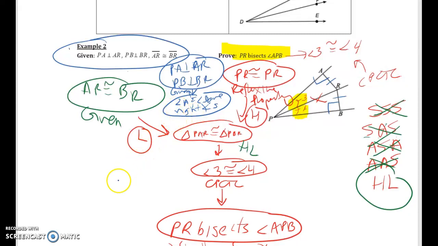Definition of perpendicular lines, or perpendicular lines form right angles. I'm going to have to go up and then go back to this. And then we know that triangle PAR and triangle PBR are right triangles.